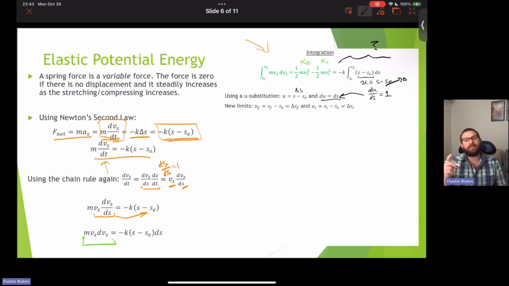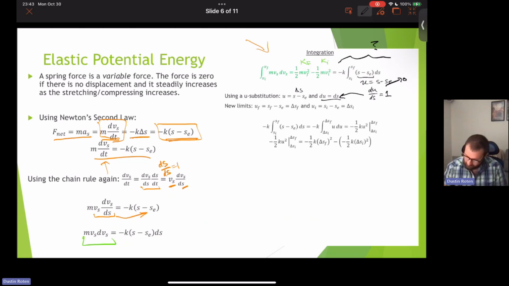Now the next thing I need to do is change my limits, because I'm going from a ds space to a du space. So my new limits, instead of integrating from s_i to s_f, are from u_i to u_f.